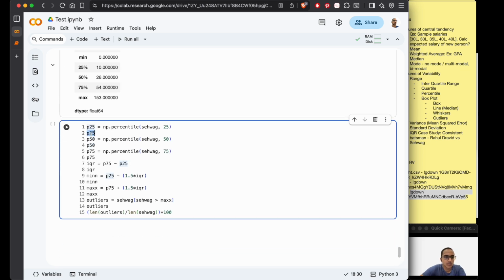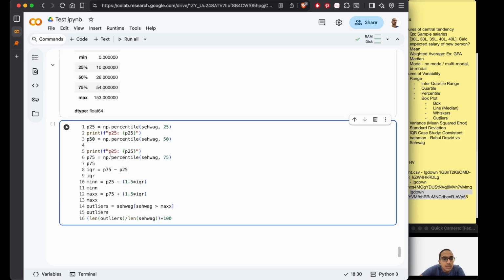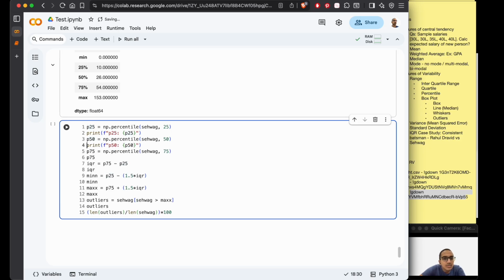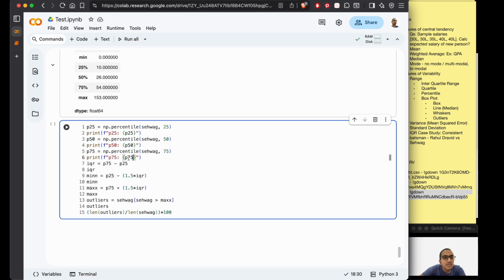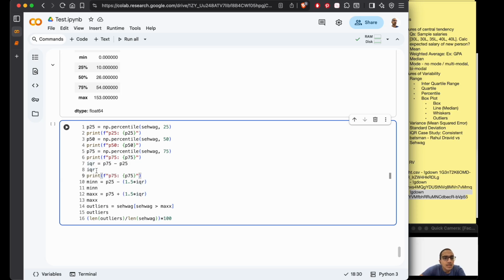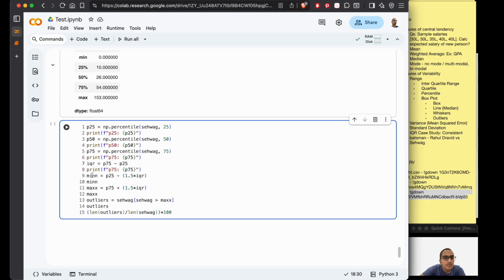So let's call this print string. 25th percentile, 50th percentile, then 75th percentile, then let's print the IQR as well.